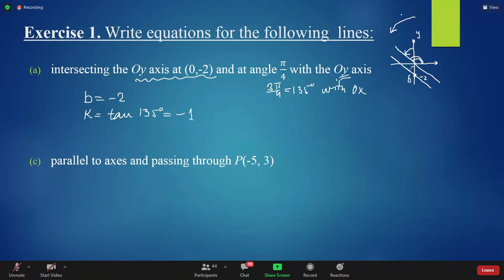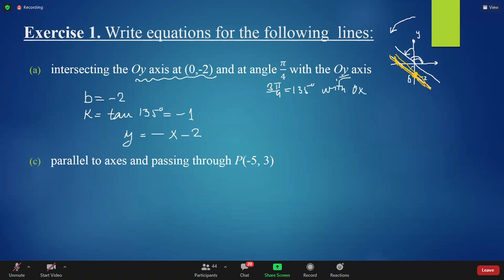And so the equation of this line would be y equals minus 1x minus 2. That would be the equation of this line. I have drawn two lines. The first line was only to show you the angle. The actual line that we are trying to find the equation of is this. This is the actual line that we are finding.